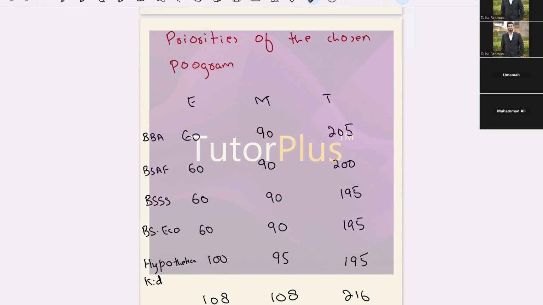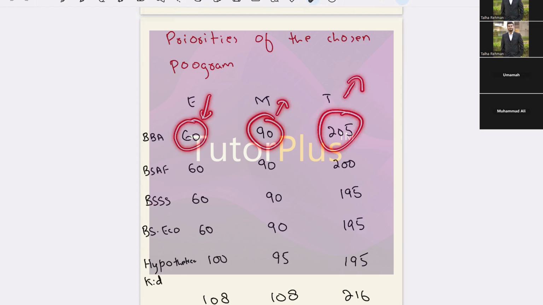Yes, beta, this is an example over here. This basically means that we will be needing, let's say, 60 marks for English, 90 for maths, but our total cutoff should be 205.